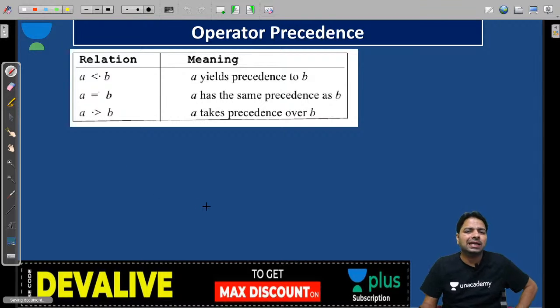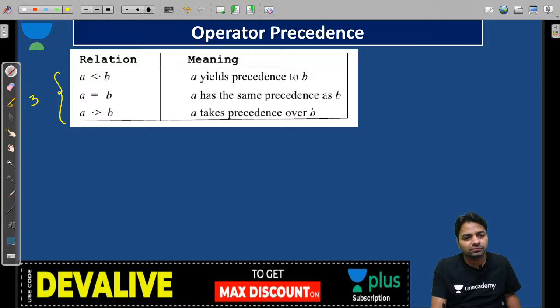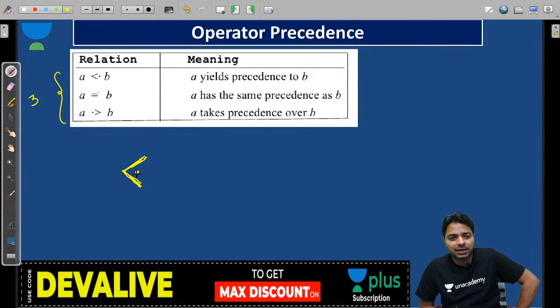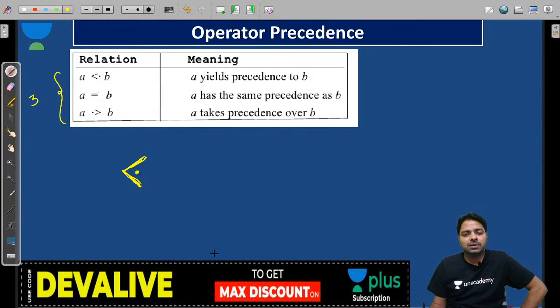There are three kinds of precedence relations we are going to talk about. When we see this symbol, it just looks like a less than, but we are comparing two operators. Remember guys, two operators we are going to compare. Mainly we will compare two terminals.